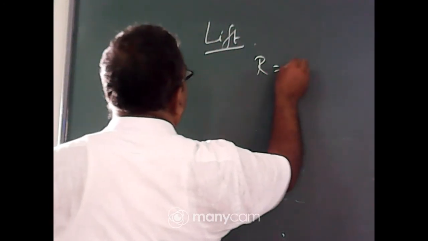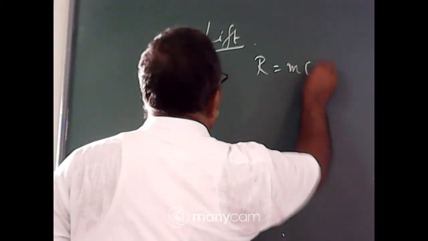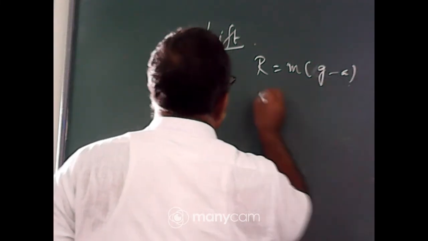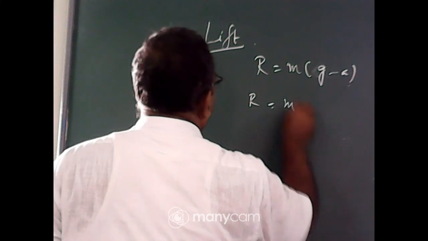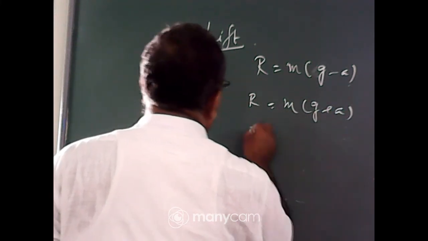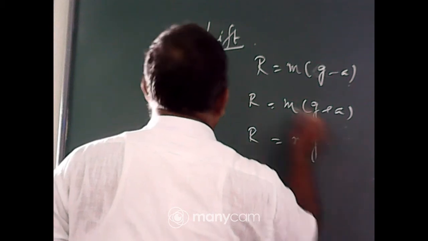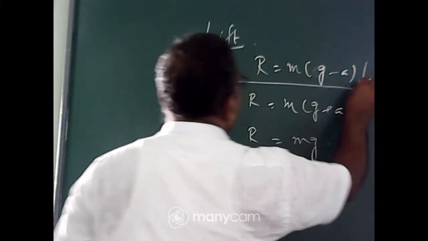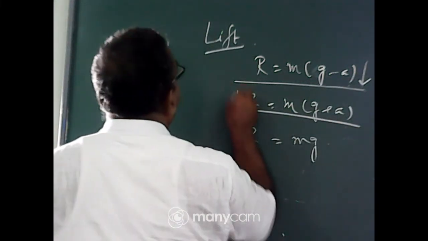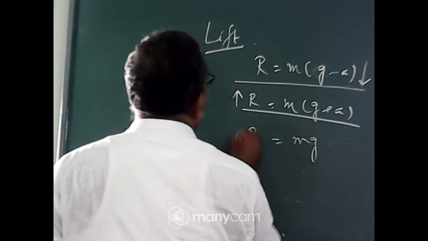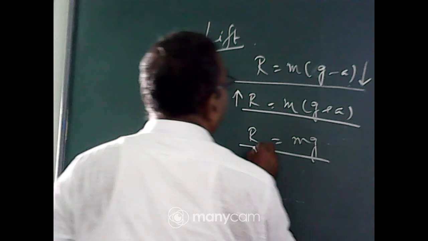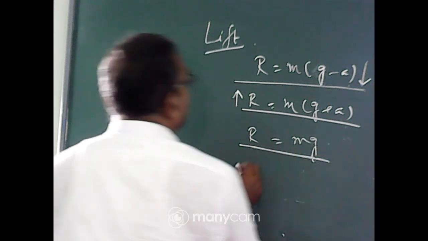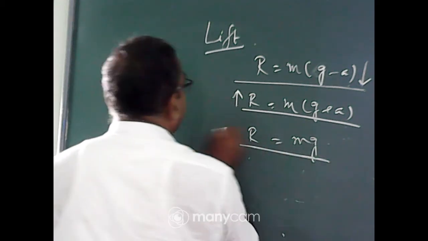R equals m into g minus a when the lift moves in the downward direction with an acceleration a; R equals m into g plus a when the lift moves in the upward direction with the acceleration a; and when the lift moves with uniform velocity, no acceleration is there, that means R equals mg.